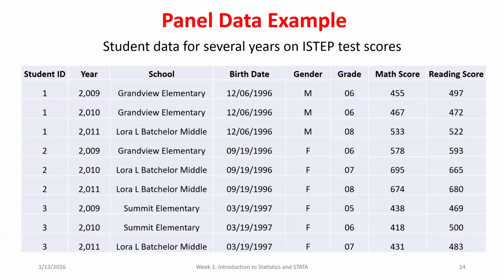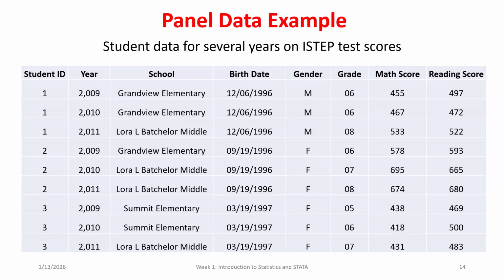Now for panel data, I'm mashing those two together. I think that you guys are aging out of this. I wish I had newer data. At one point, I requested ISTEP data. So let's think, 2009, 15 years. I think the lowest grade I have is 5, so you guys are too young now. But if you were in Indiana and took the ISTEP, did you guys have to take the ISTEP?